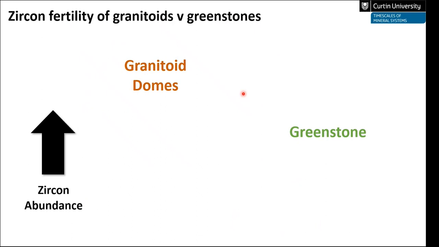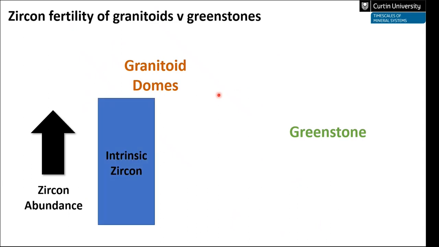So how can we account for this age distribution? Well, we can think in terms of intrinsic zircon load versus imported or exotic zircon cargo. So the granitoid domes, being very felsic in nature, of course, are going to have a large intrinsic zircon cargo. And of course, they will incorporate some non-Pilbara exotic zircon.